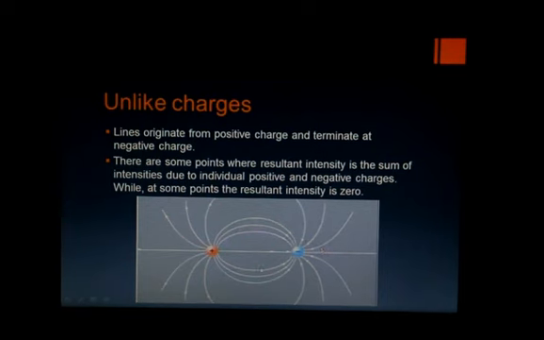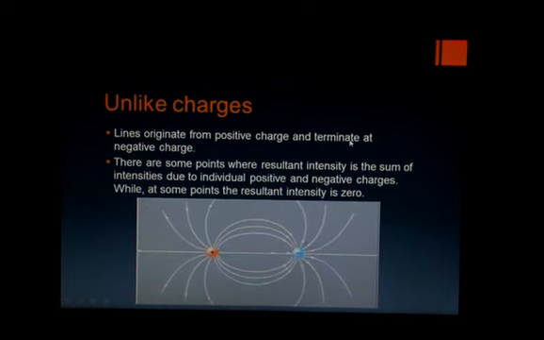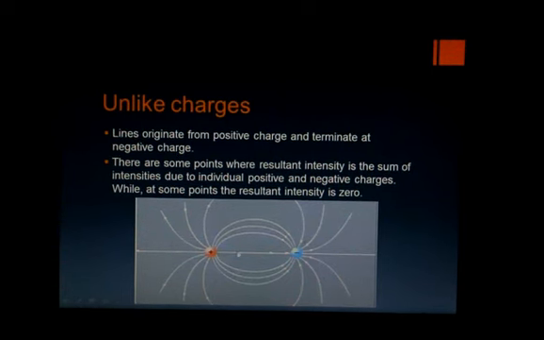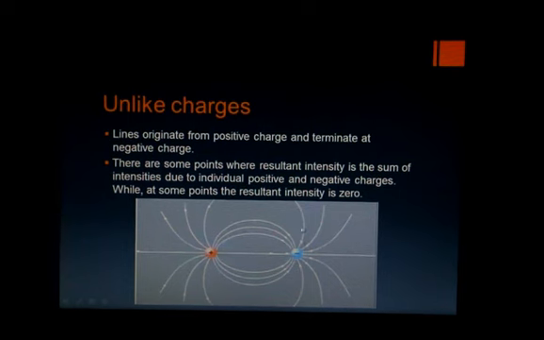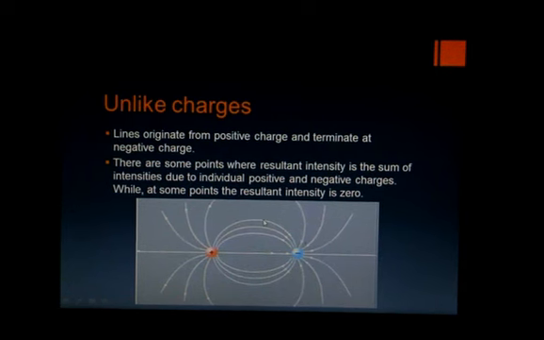You notice that lines originate from the positive charge and terminate at the negative charge. You can see that the lines of force are curved lines, and the direction of the field at every point on the curve could be indicated by introducing a tangent.